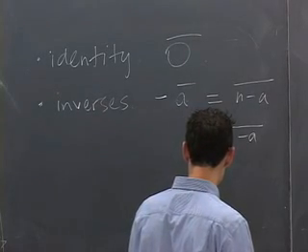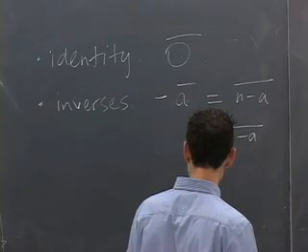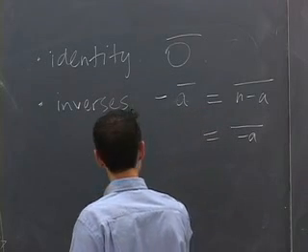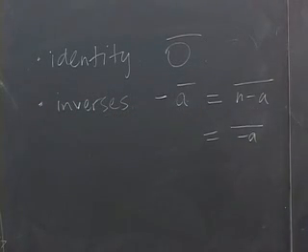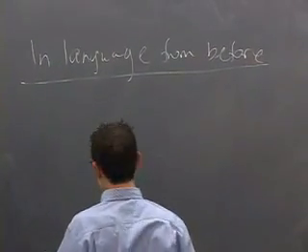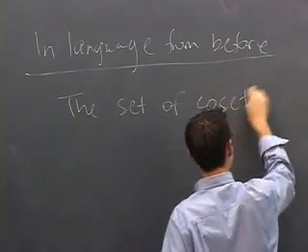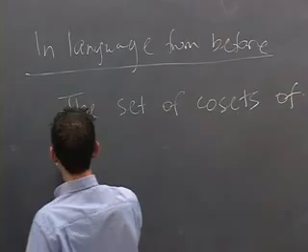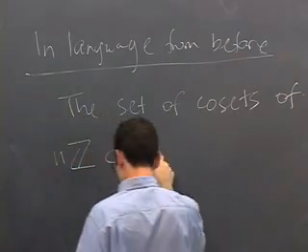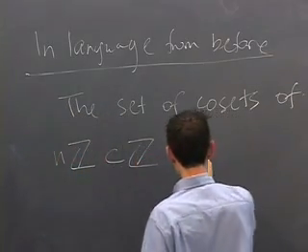And so in the language from last time, the set of cosets of the subgroup nZ of Z form a group.